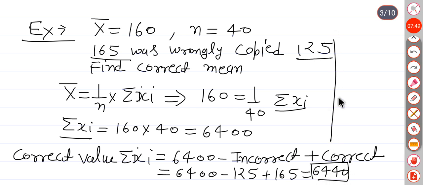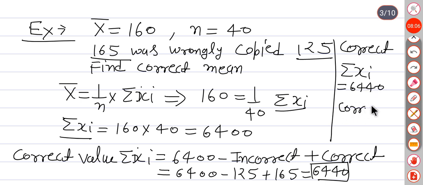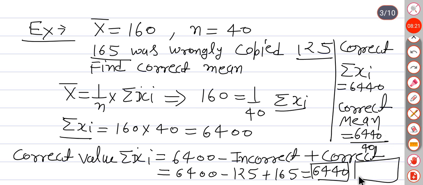So we have got the correct summation of observations, that is 6440. So the correct mean would be 6440 upon 40, and that would be 161.